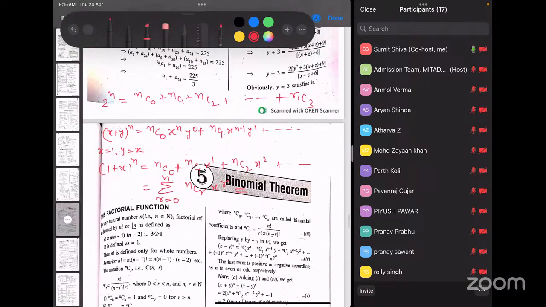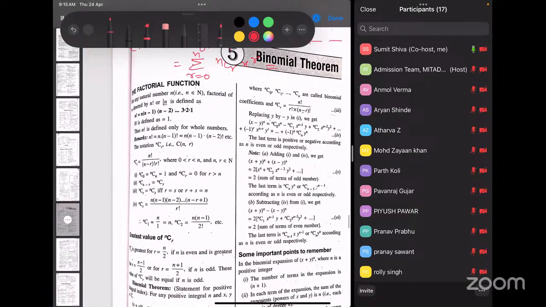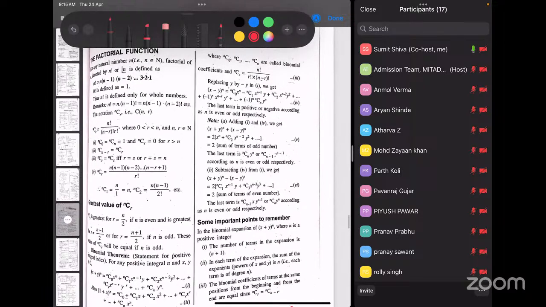Another interesting point is, if you put x as -1 in this equation, there will be another result. That will be (1 - 1)^n, which is 0 raised to some power, so it will be 0. And on the right hand side, we will have nC0 - nC1 + nC2 - nC3 + ..., so we will have even minus odd.